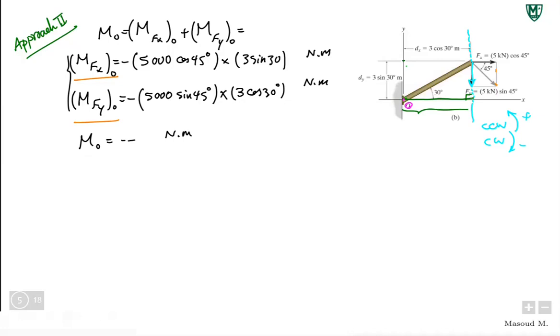The resultant moment is the summation of all the moments those forces create about the point we're finding the moment about. In this case, both of them turn out to be negative. So the final answer is negative, with the same magnitude as the sum of those two magnitudes. Negative something here, Newton meter.